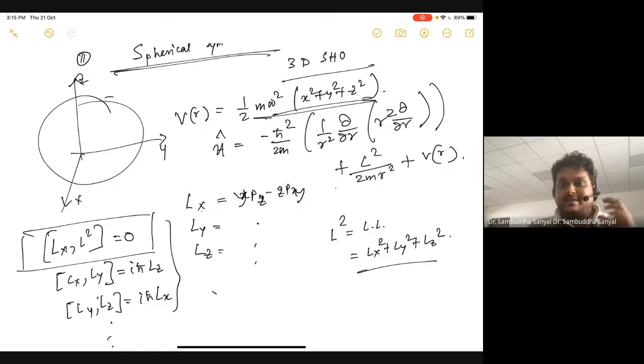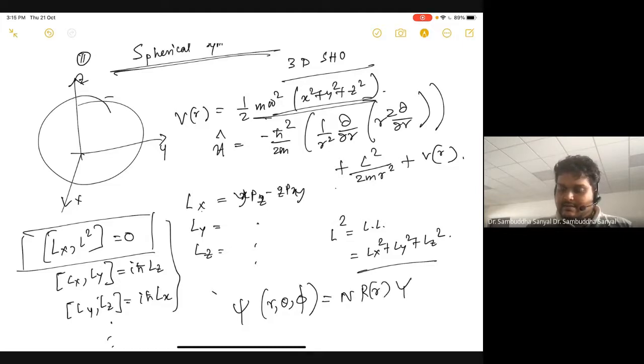You will learn all these things very rigorously next month from a very sophisticated point of view using symmetry operations. But I'm just giving you a prelude that these structures are very immediately visible from the structure of your problem. So psi of r, theta, phi.